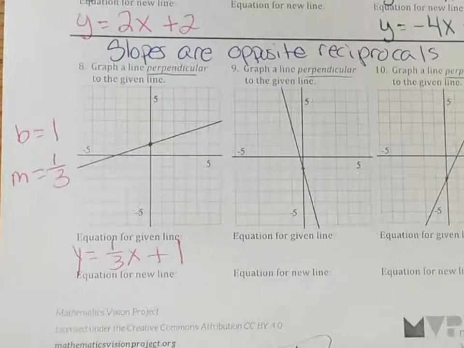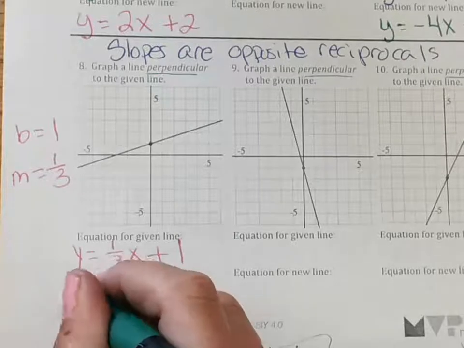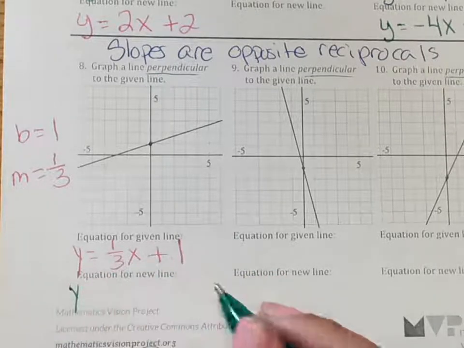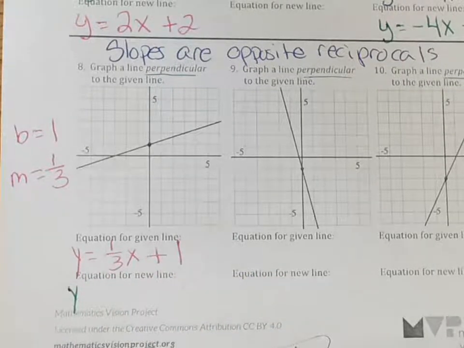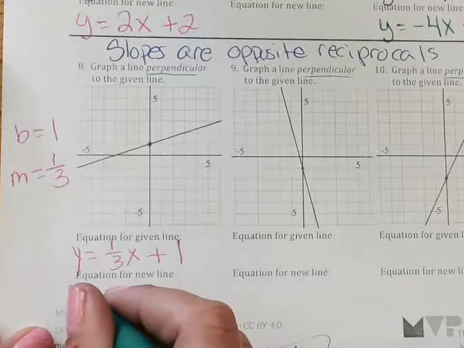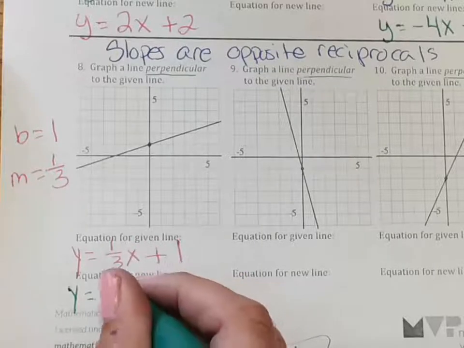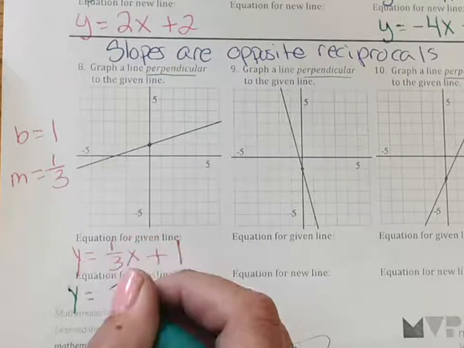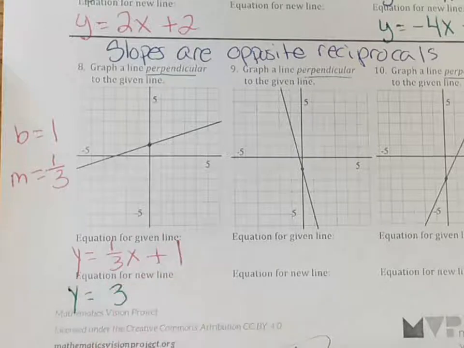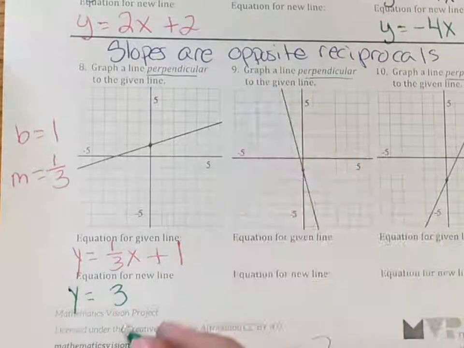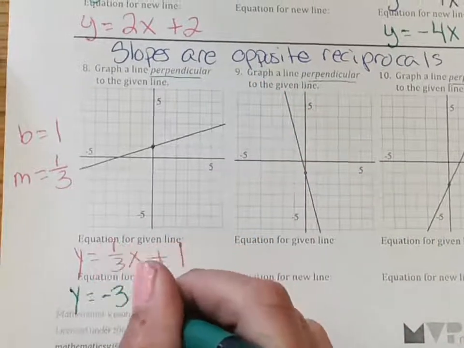All right, so the slope of your new line must be the opposite reciprocal of 1/3. It might actually be easier to do the reciprocal first. So flip it. So instead of 1/3, I now have 3. And then change the sign, so make it the opposite, so -3.